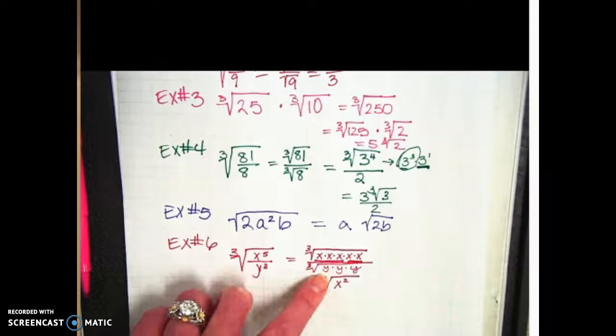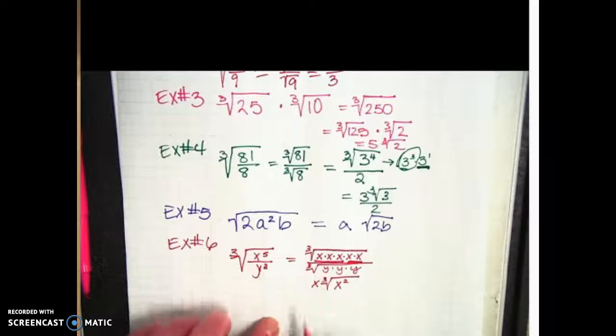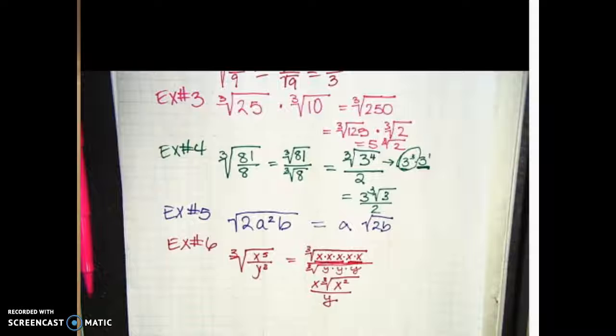And there's 3 of them, so we want the cube root, so the y will come out. And we didn't end up with a radical in the denominator, so we're okay there. Okay? Finish copying that down.